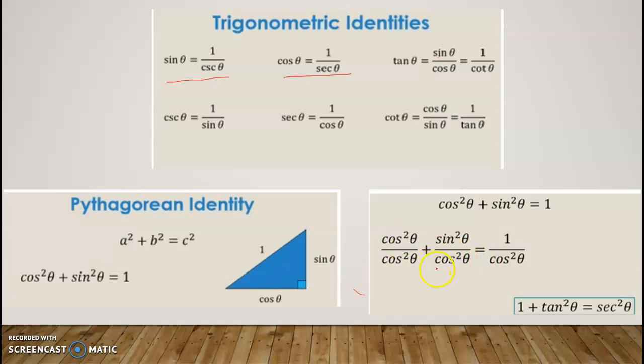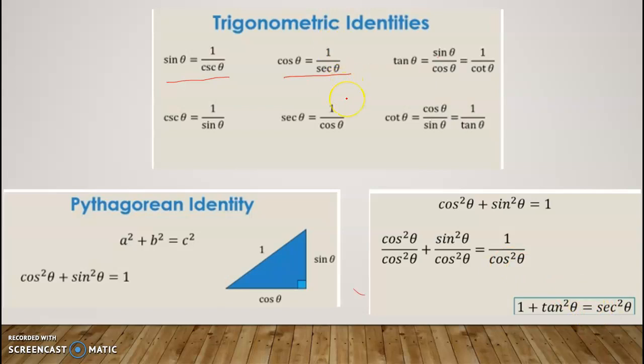Well, cosine squared divided by cosine squared is 1. Sine squared divided by cosine squared is tangent squared. And then 1 over cosine squared is going to be secant squared. Okay? See right over here?